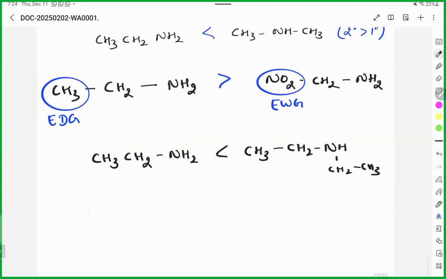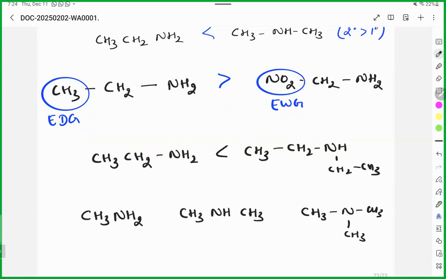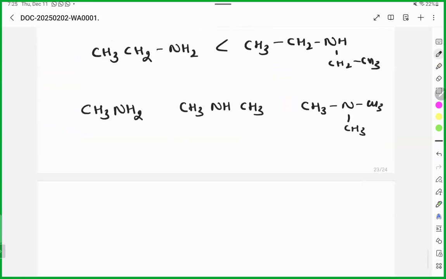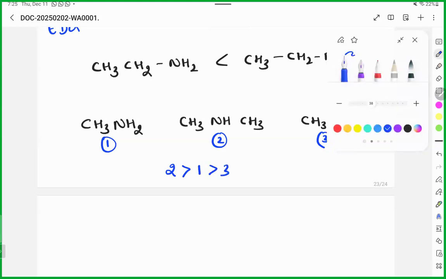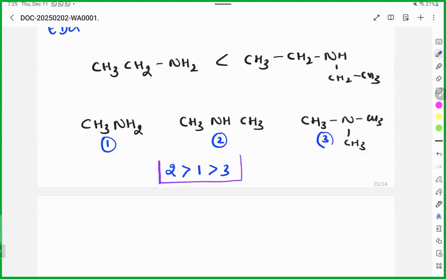But remember, if you have options like CH3NH2, CH3NHCH3, and CH3N(CH3)CH3, which one is most basic out of these three? Definitely 2 will always be greater, then first, then third. Why? Because if you have a small molecule, then primary is given top priority.